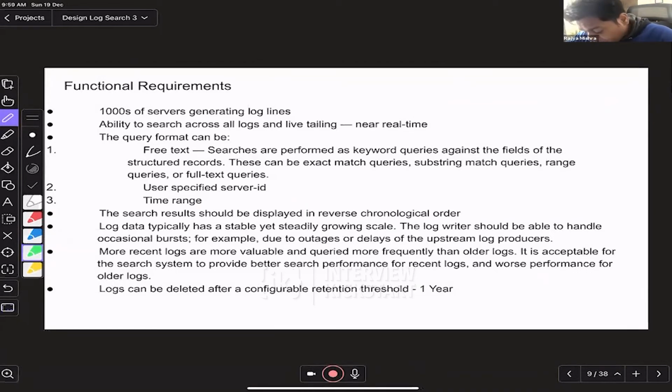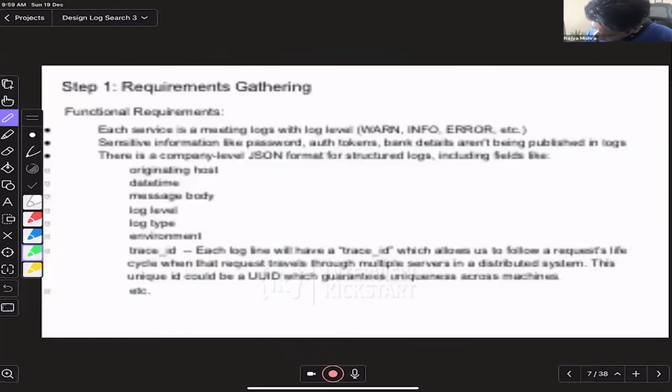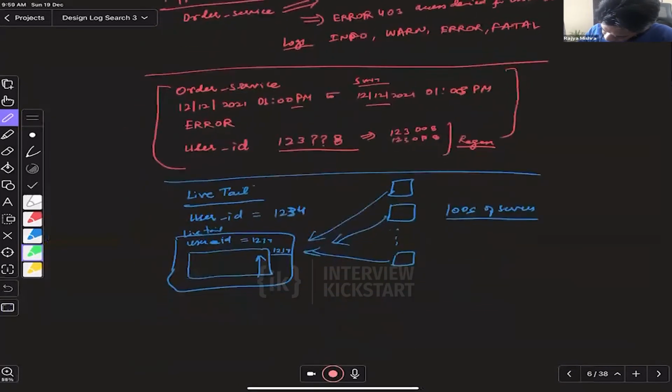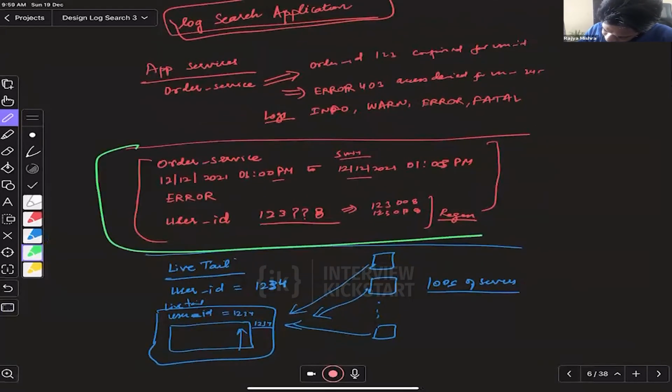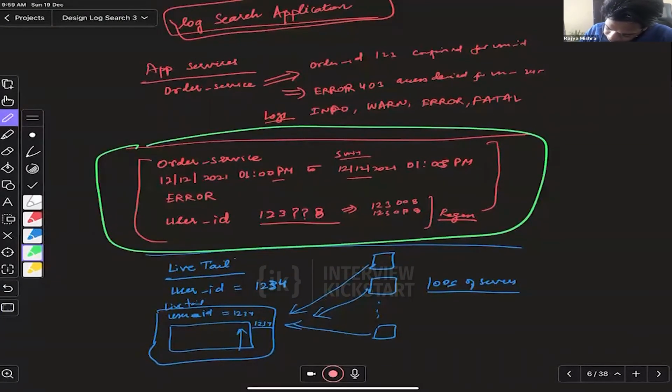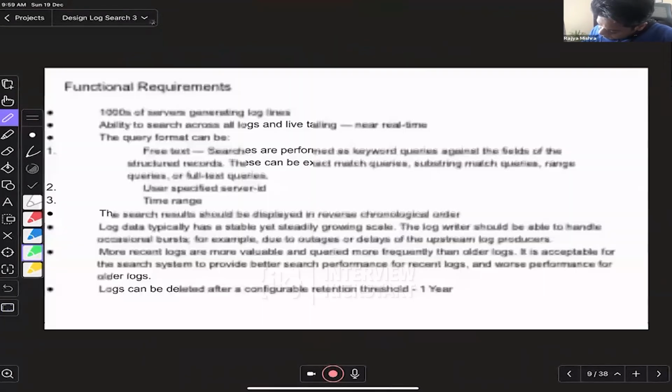We will expect near real time latencies, at least for the recent logs. The query format: we will look at the actual query in the next slides, but I already explained how a query would look. The user can say this should be the service name, these should be the timestamps, etc.